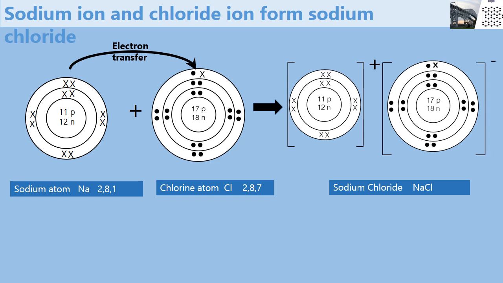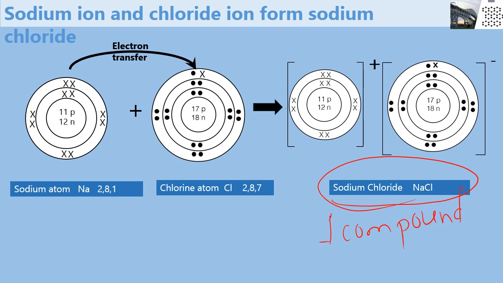So the positively charged sodium ion is attracted strongly to the negatively charged chloride ion to form sodium chloride as one compound, and not 2 separate ions, but they are combined to form one compound.